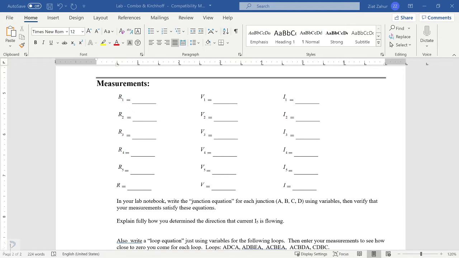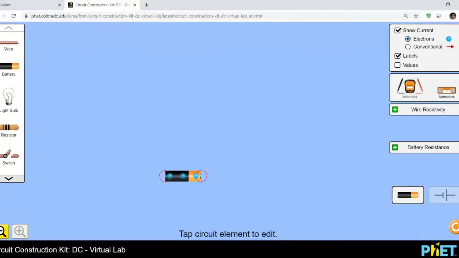Going back to our simulator now. Simulator, go and reset. We need to create, so how do we make it? Battery. Okay. It's kind of like a diamond.